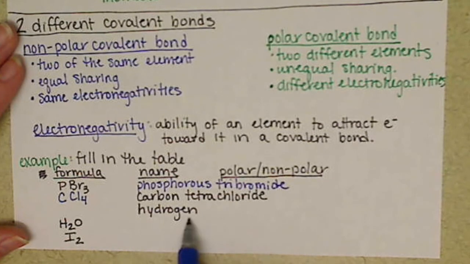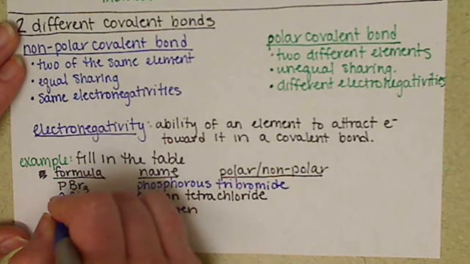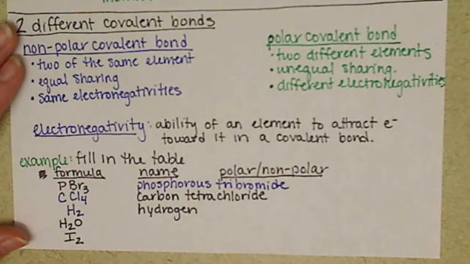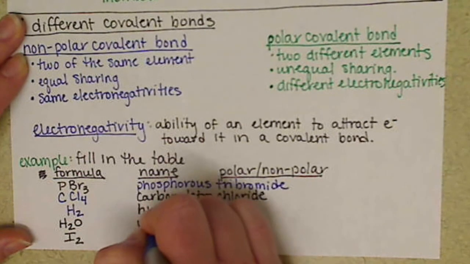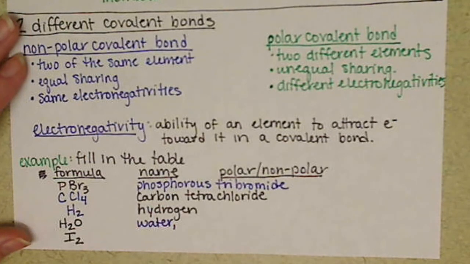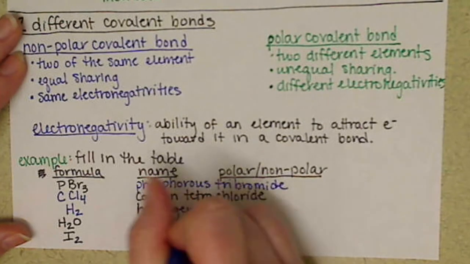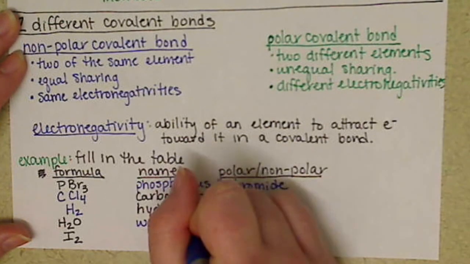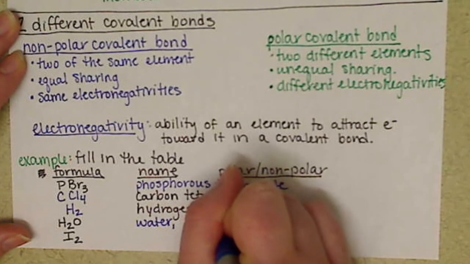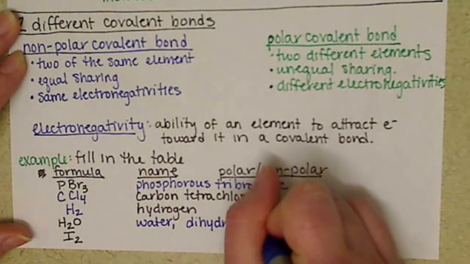Hydrogen is a diatomic, okay, so it is H2 for its formula. H2O, okay, can go by two different names. The first name, hopefully you know, is water. Okay, very, very common chemical that we're going to use lots and lots, especially in Chapter 10. So that's water. The technical name, the chemical name for water is dihydrogen monoxide.